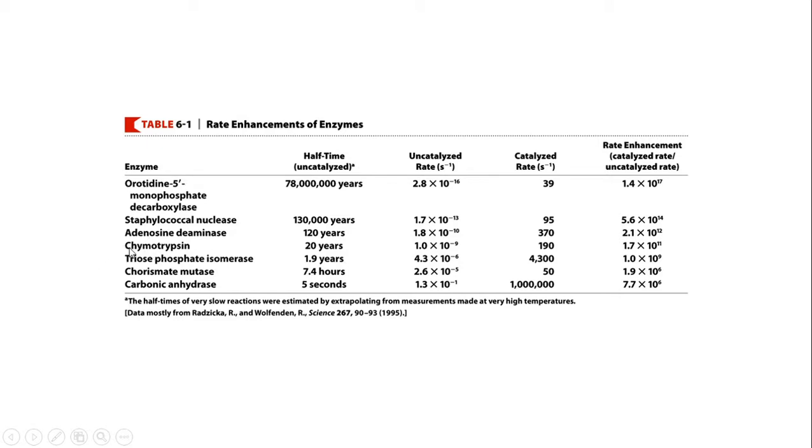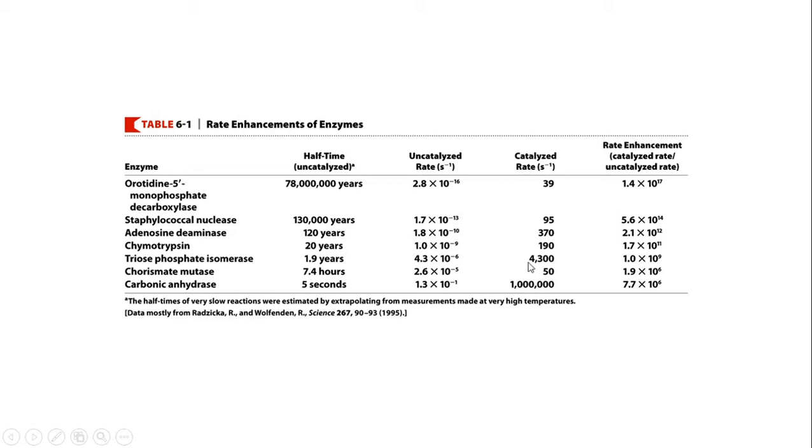We were working with chymotrypsin in our amino acid protein sequencing determination problems. 20 years. Uncatalyzed, 1 times 10 to the negative 9. Catalyzed, 190. That's a 1.7 times 10 to the 11th rate enhancement. We will see triose phosphate isomerase in the glycolytic pathway, 1.9 years. 4.3 times 10 to the negative 6.